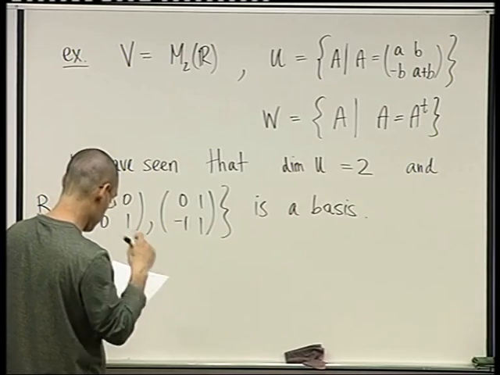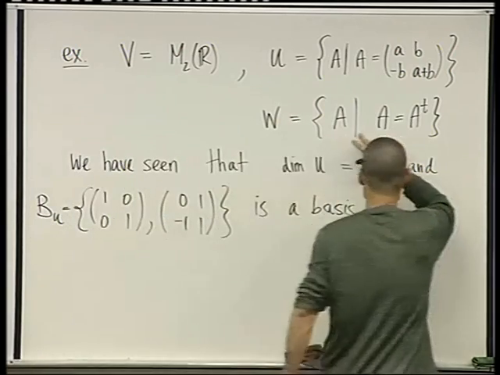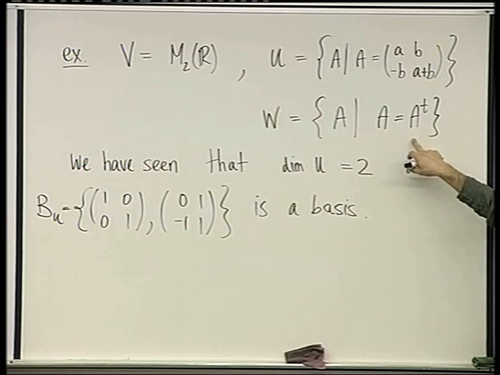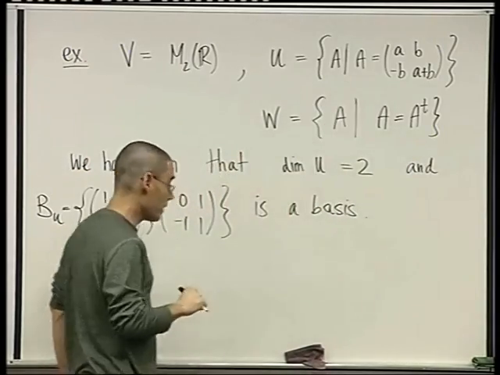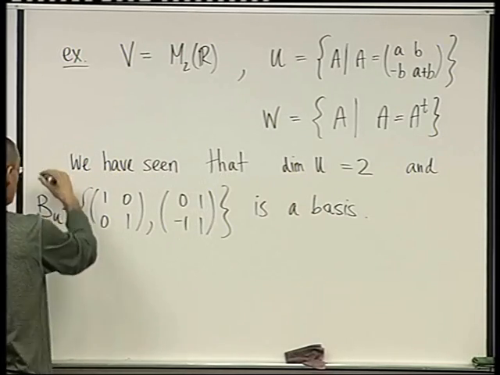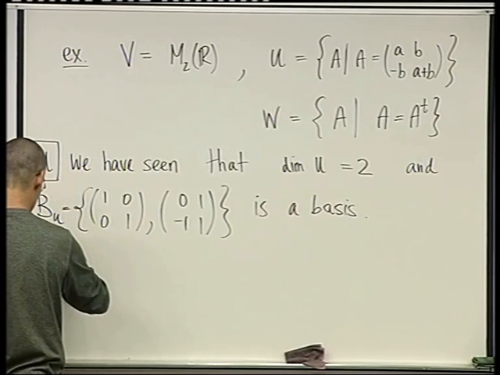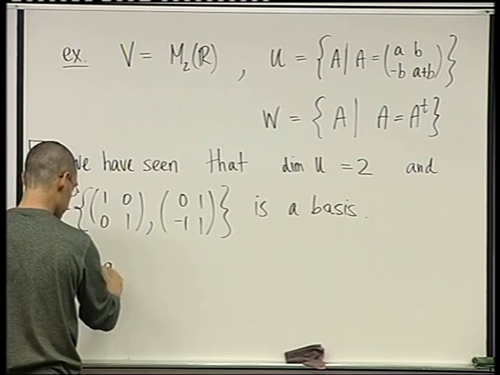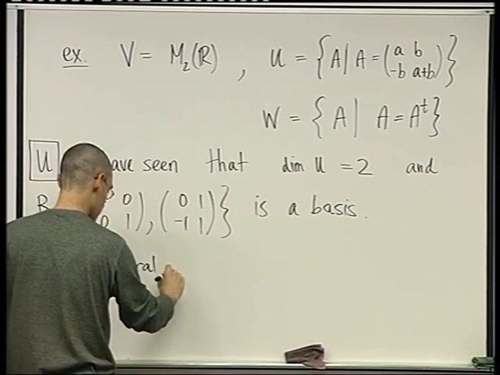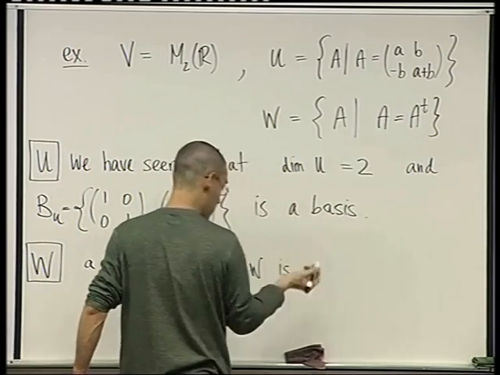What about W? W is all the matrices of the form A equals A transpose. This I can rephrase in a similar manner to this. Okay, so a general element in W, a general matrix in W is what?